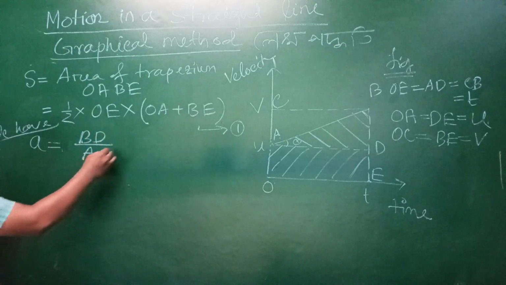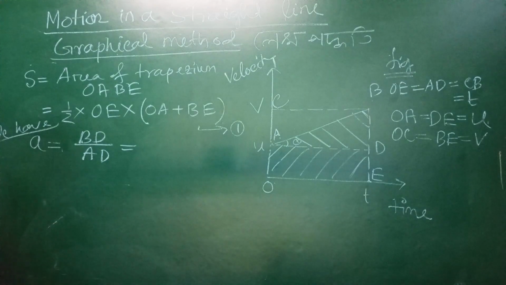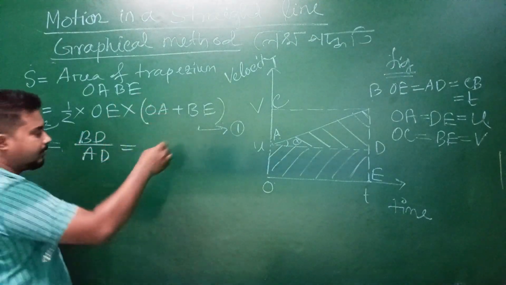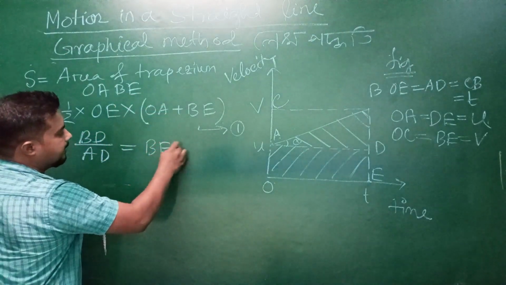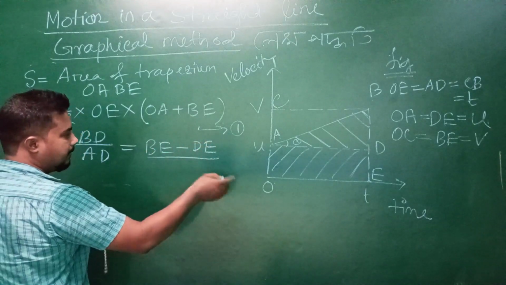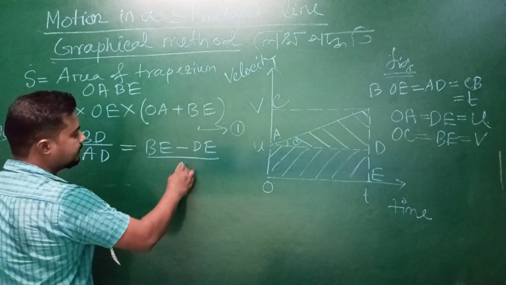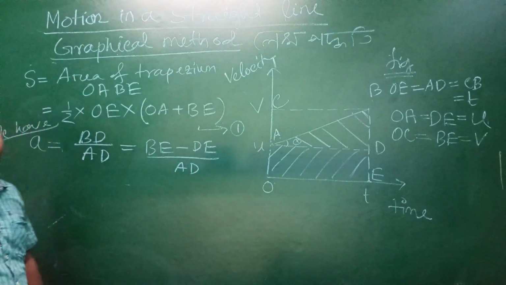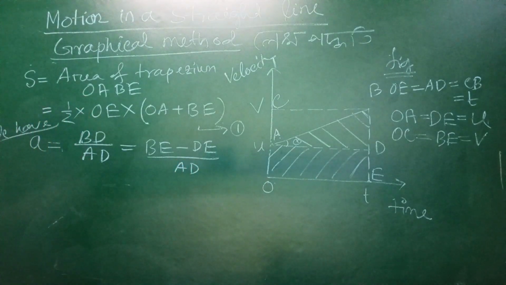Again we can write BD is equal to BE minus DE, so a is BE minus DE by AD.